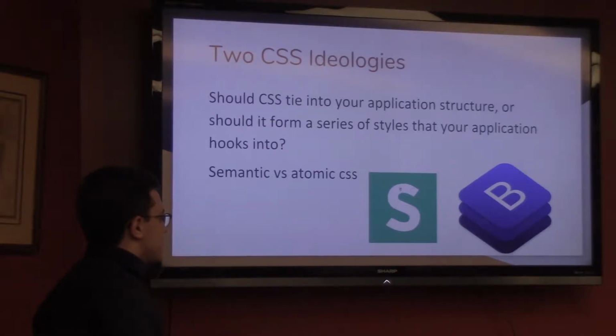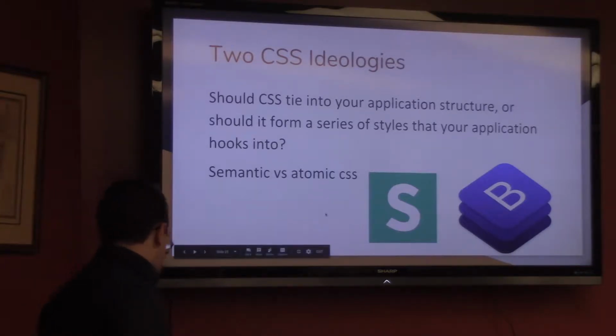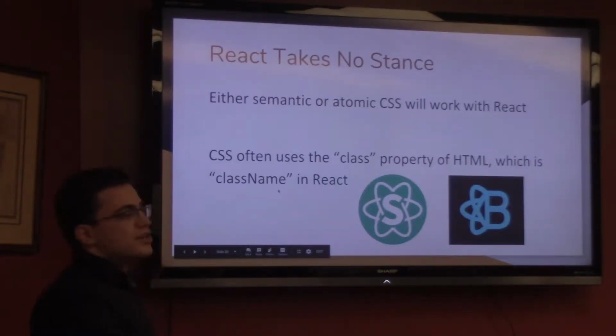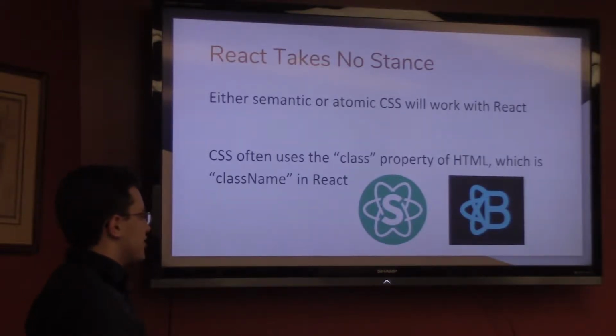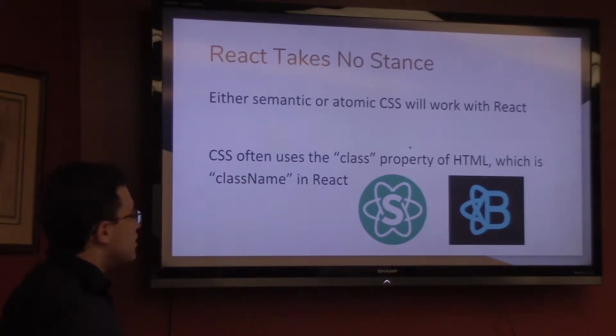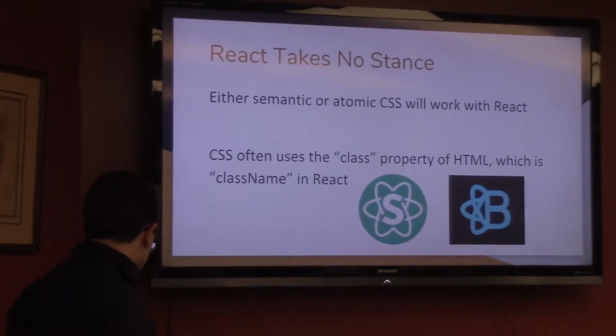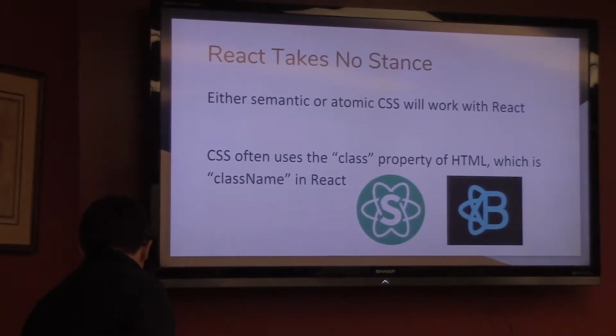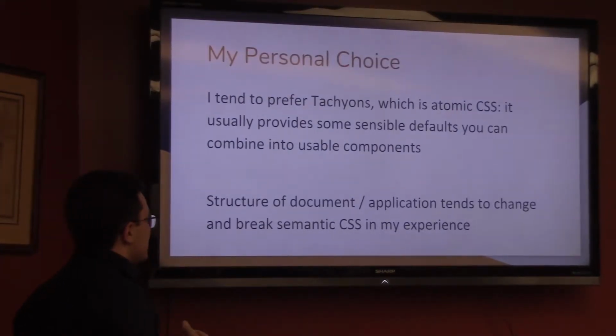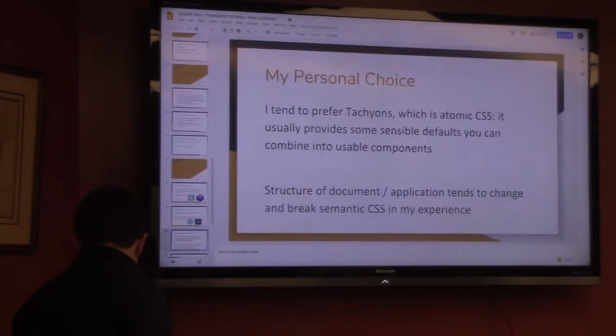So this is Semantic UI, which is a semantic CSS framework, and Bootstrap, which is more of an atomic CSS framework. So either works with React, right? There is Semantic UI for React and Bootstrap for React. So both of them work just fine. So you can write className as a specific class, and that lets you hook into your document and do styling. So I use Tachyons, which is a CSS framework that uses atomic CSS.